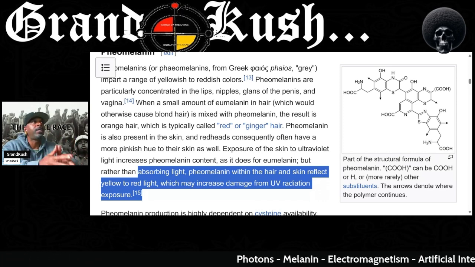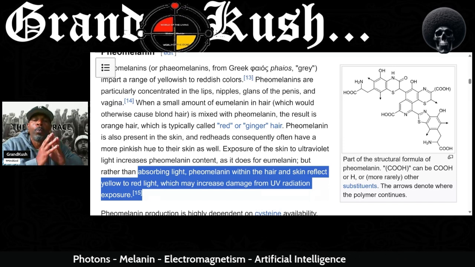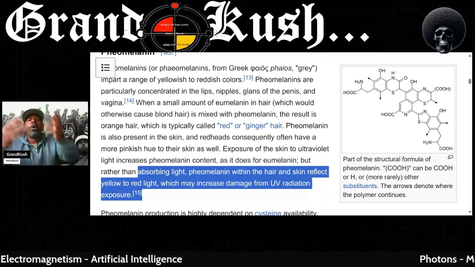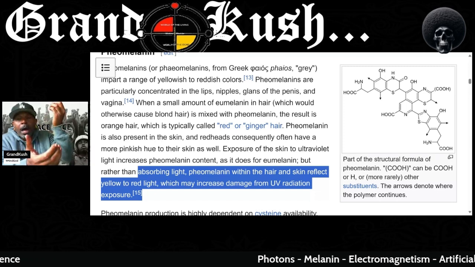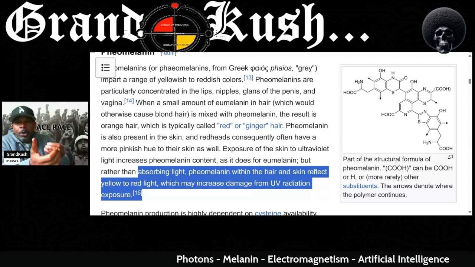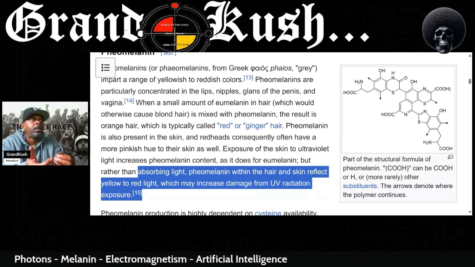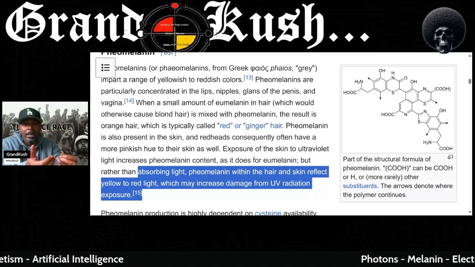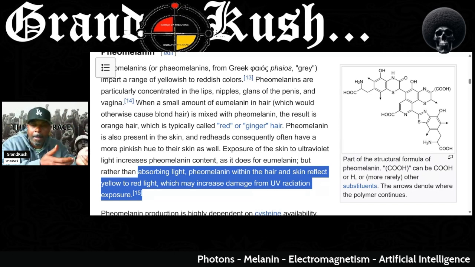Rather than absorbing light, rather than absorbing the photons that are making the chemical, biological reactions in eumelanin and the melanin activate, right? This is getting reflected.